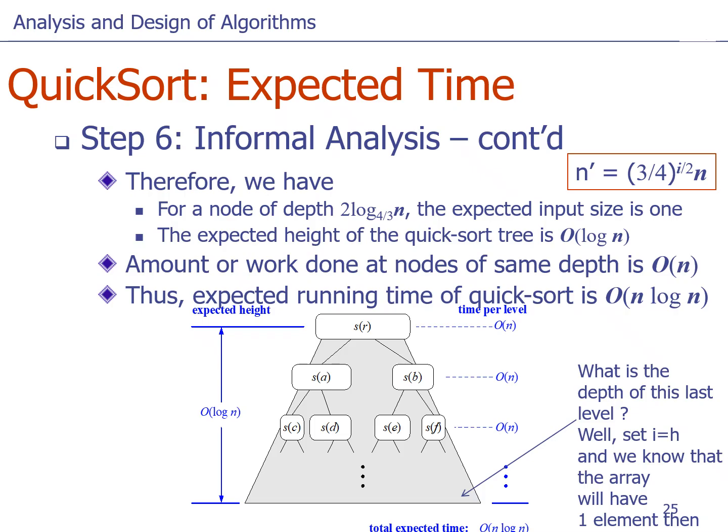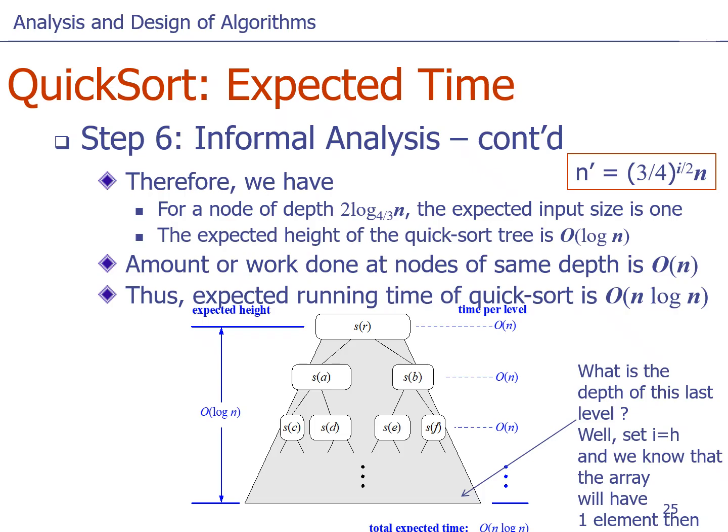Because if I set 1 equal to (3/4)^i times n, and I would like to find the height of the tree, I have to apply the log, and this will tell me that the height of this tree, h, is equal to O of log n.